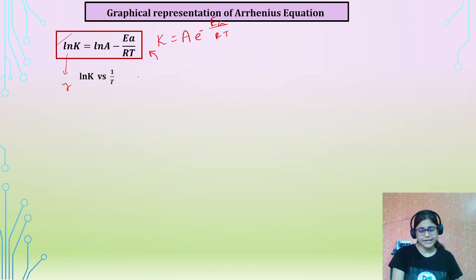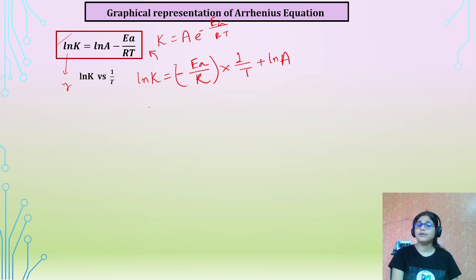So we can write ln k equal to minus Ea by R into 1 by T plus ln A. It will be like y equal to mx plus c, because this is x and this is y.